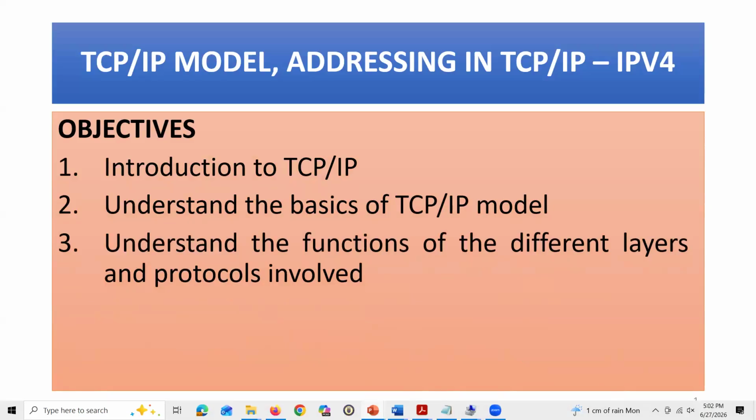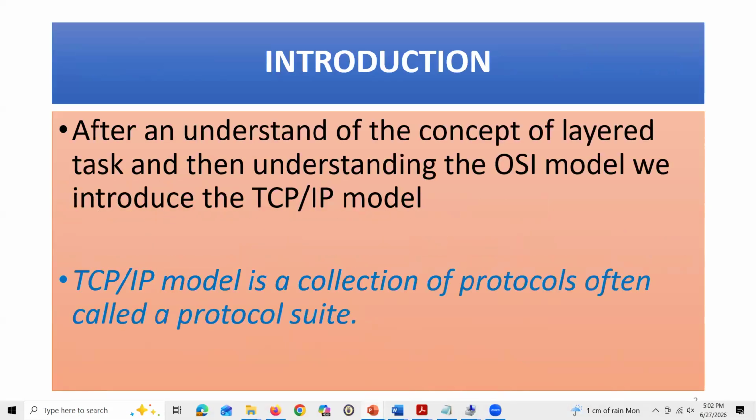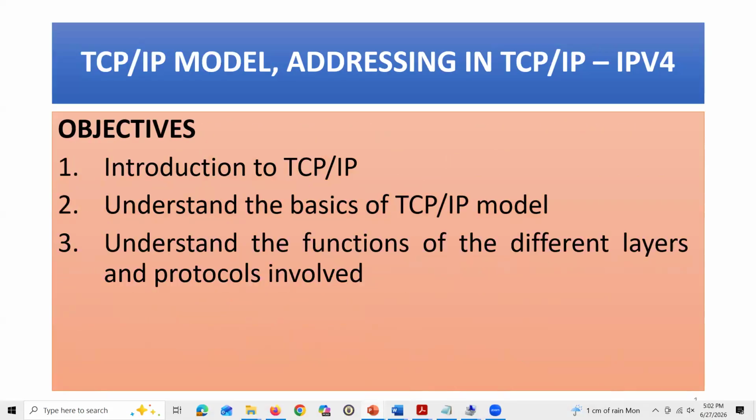Now, the next thing that we need to understand is the TCP IP model, because this is the second one. Please jot the objective down so that you make it as a record in your lesson. Write the objectives down, everybody.